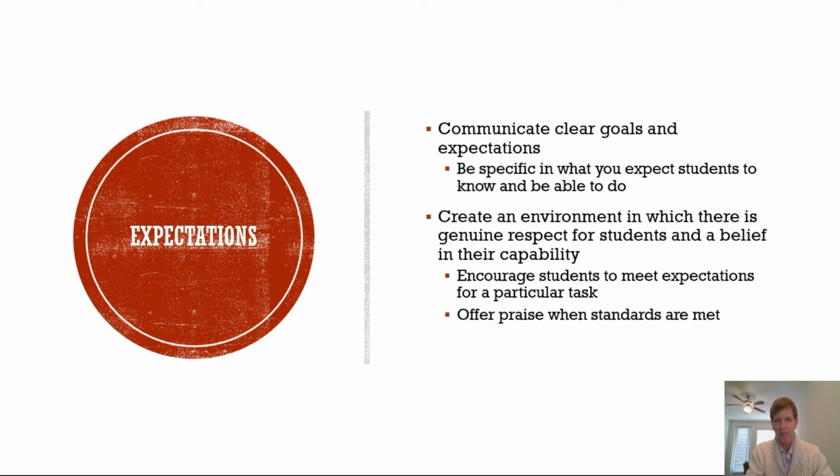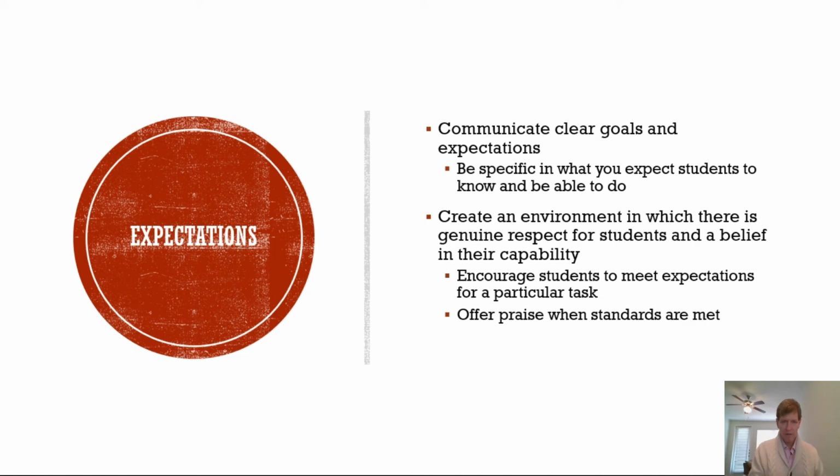Expectations. Remember, expectations should be high. You still should communicate clear learning goals and behavior goals and clear expectations. Be very specific about what you expect students to know and be able to do in your academic content. That also goes along with consistency, respect, care.